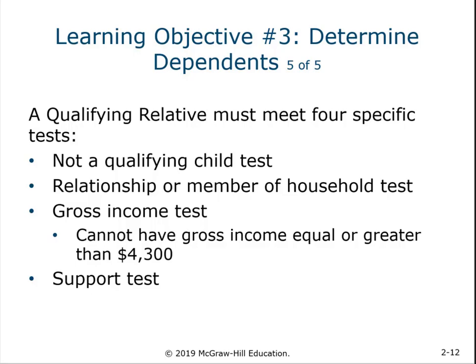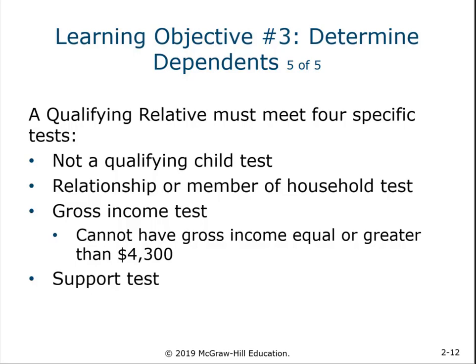Here's the kicker with this thing. If they don't fit as a qualifying child, they fit only as a qualifying relative, then they can't make too much money. They cannot have gross income equal to or greater than $4,300. So that child that you let live in your house that's a friend, that would be fine until they got a job where they actually made more than $4,300.